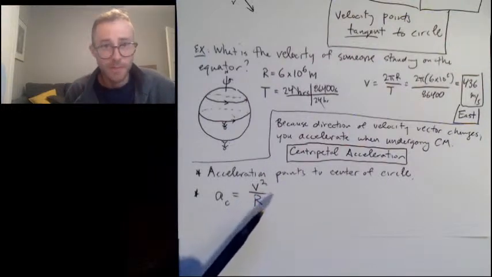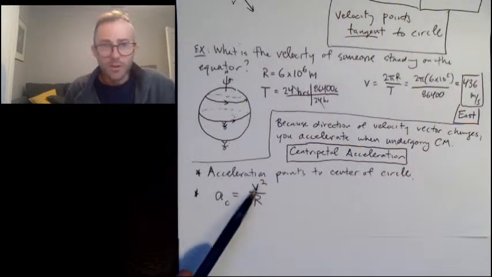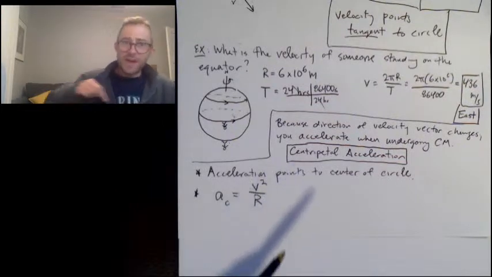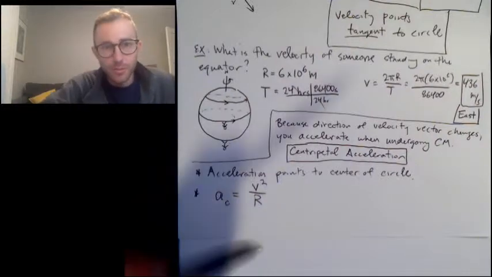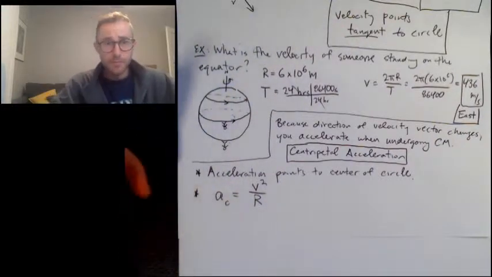The other thing is speed. The faster you go in a circle, the more violent the centripetal acceleration is going to be.